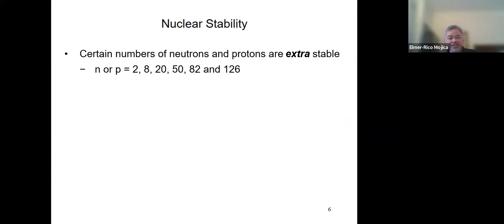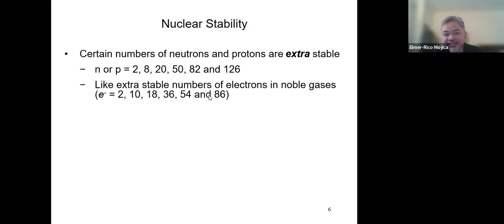Okay. Numbers like 2, 8, 20, 50, 82, and 126, they found it to be stable. Okay. And like the extra stable number of electrons, they're in the noble gas, the 2, 10, 18, 36, 54, 86. So these are when the noble gas are filled up.